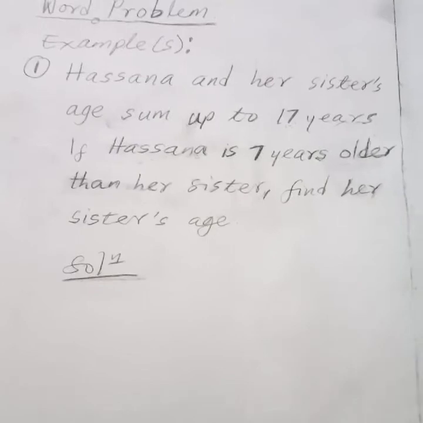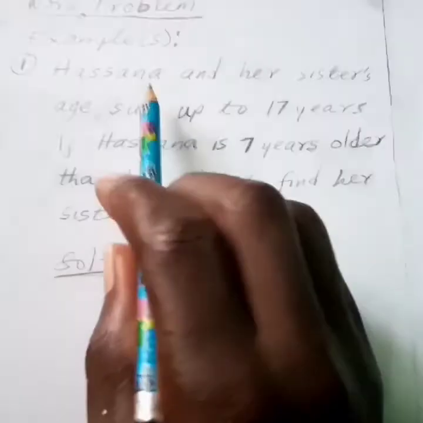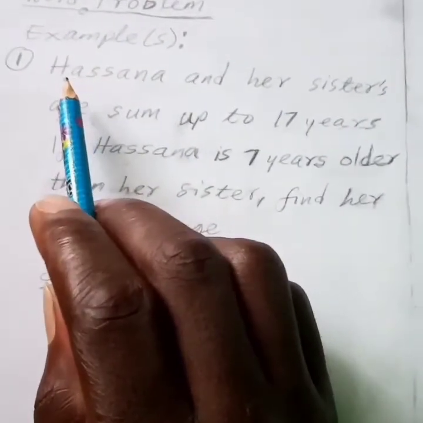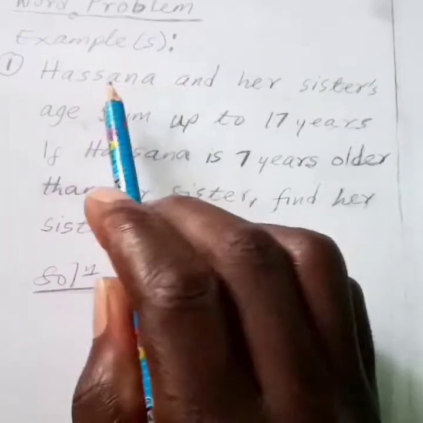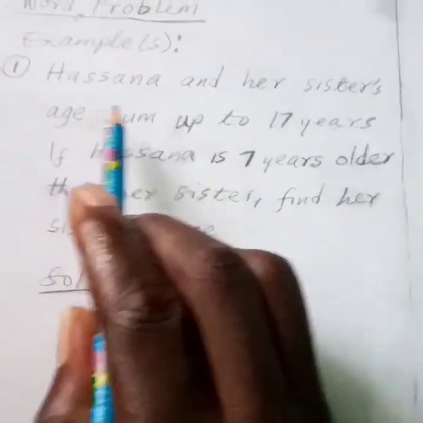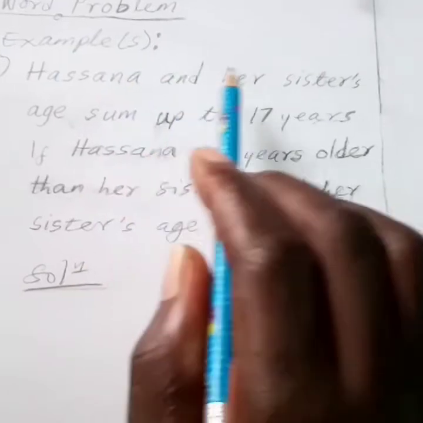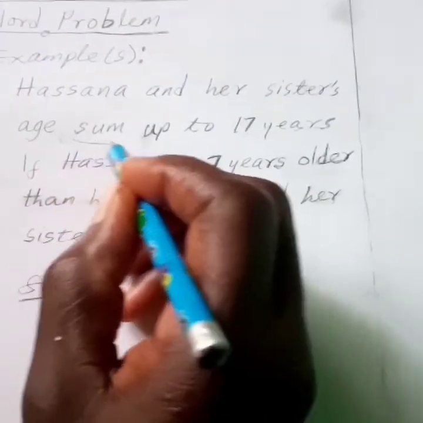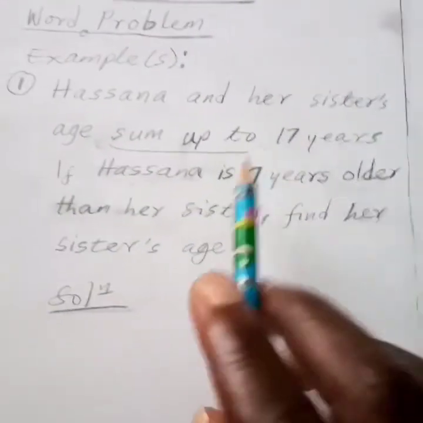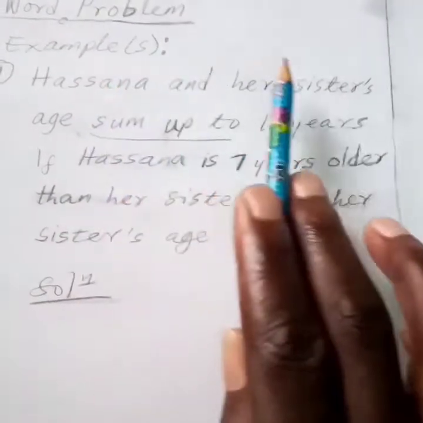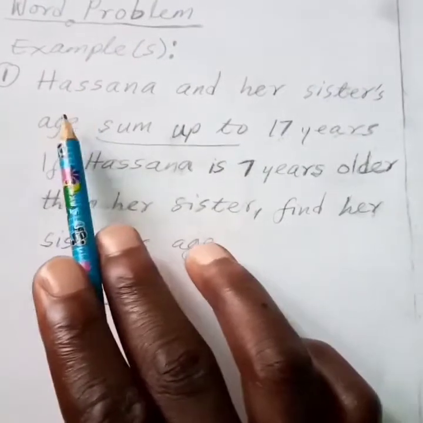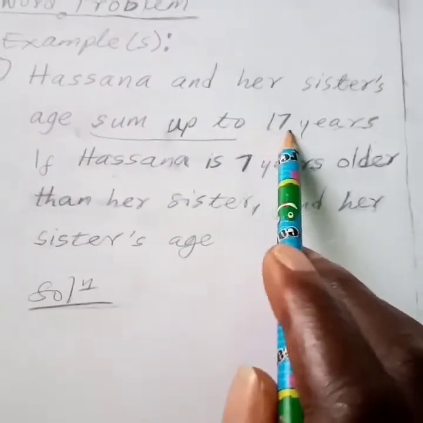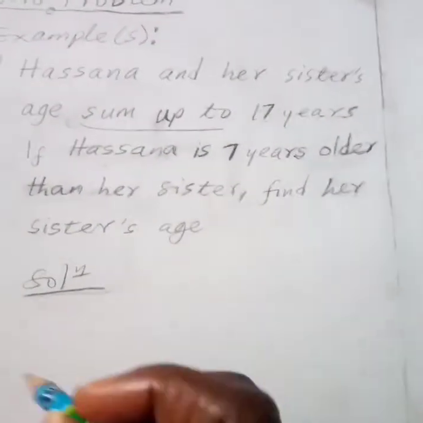So, from the question, we can see that the question states Hasana and her sister, meaning the ages of Hasana and her sister must sum up to something. The words sum up to tell us that when you add that of Hasana and that of her sister's age, it must give you 17. So let's write something like this.